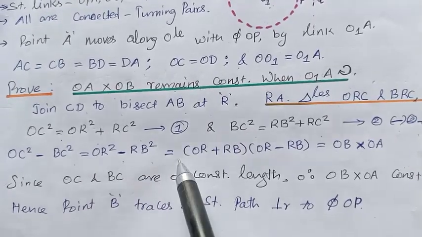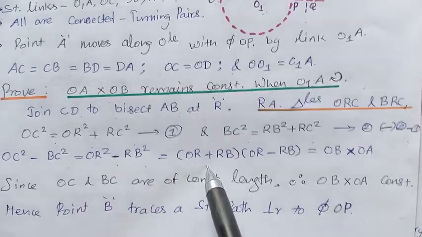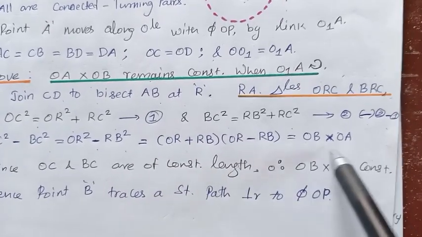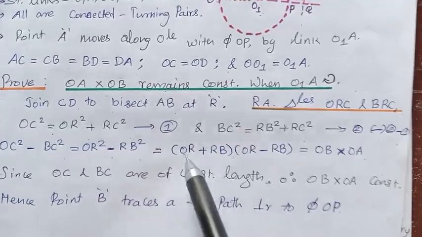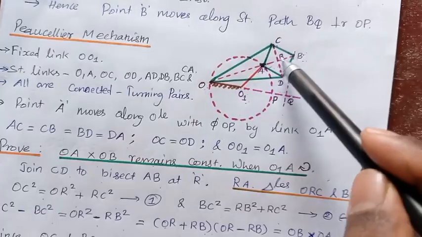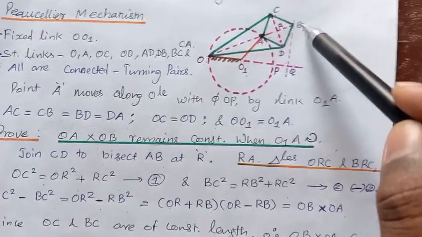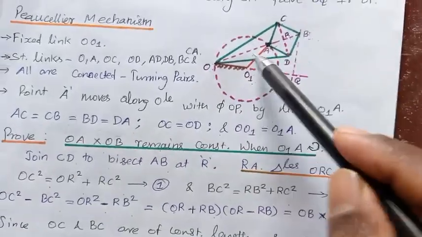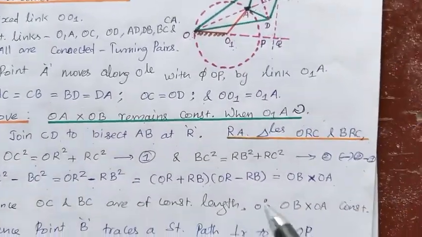Subtracting equation 2 from 1, we get OC square minus BC square equals OR square minus RB square, which equals (OR plus RB) into (OR minus RB), that is OB into OA.